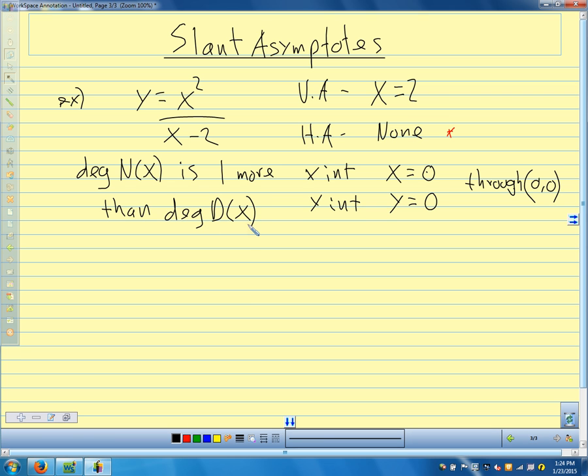That tells us we have a slant asymptote, or an oblique asymptote. The degree is 2 in the numerator and 1 in the denominator. It could be 3 and 2, 4 and 3, etc. It just has to be 1 more than the degree of the denominator. We find it with long division.